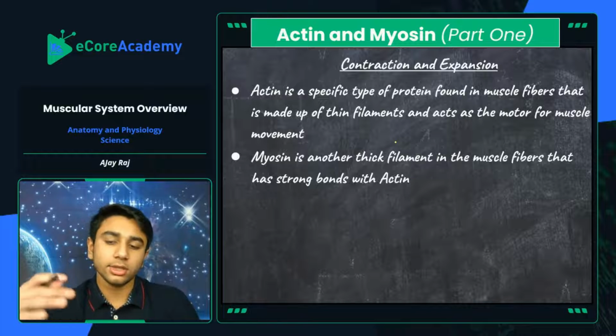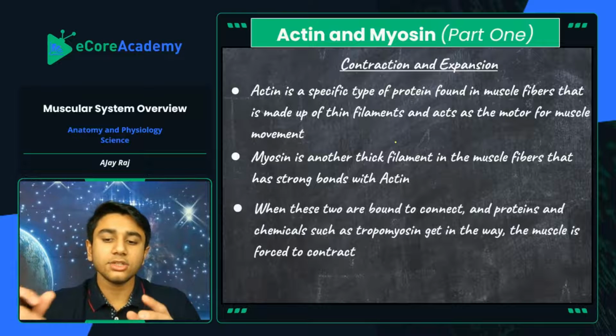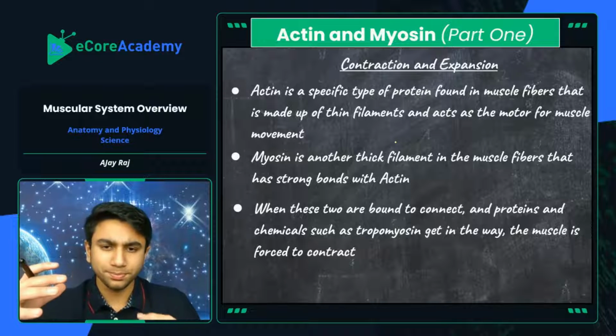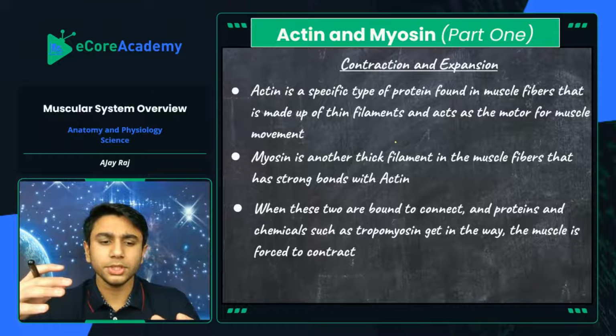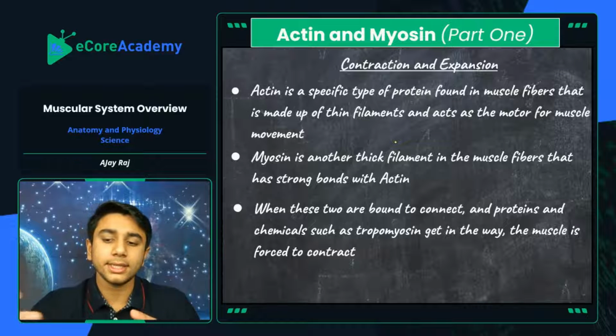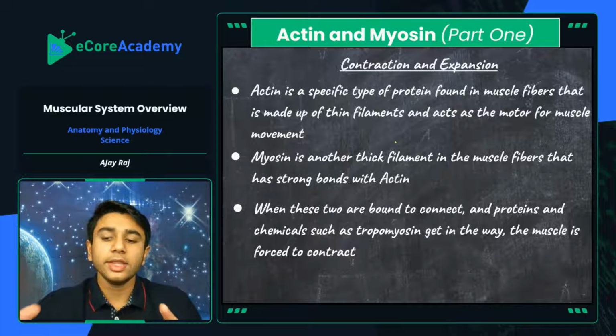And then the myosin is another thick filament in the muscle fibers that has strong bonds with actin. And essentially, what happens is these two groups, you could call them groups, but really they are filament proteins. When they are bound to connect, proteins and chemicals such as tropomyosin, which I'll explain later, kind of get in the way.